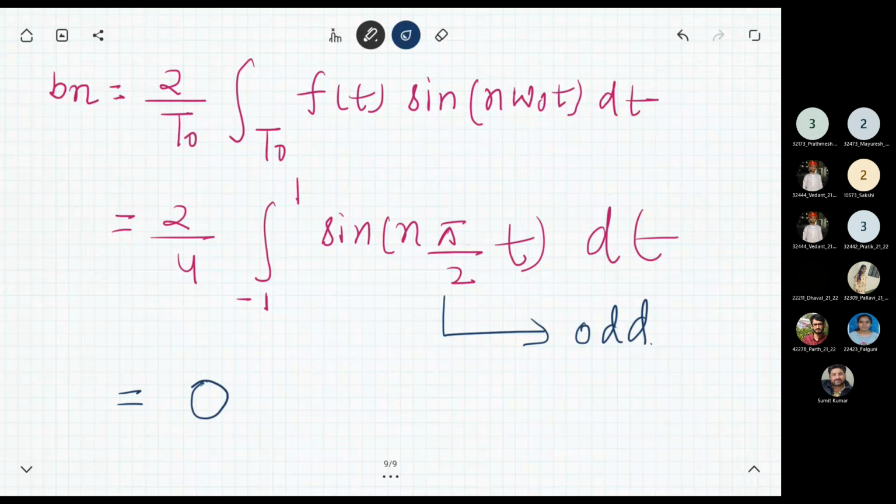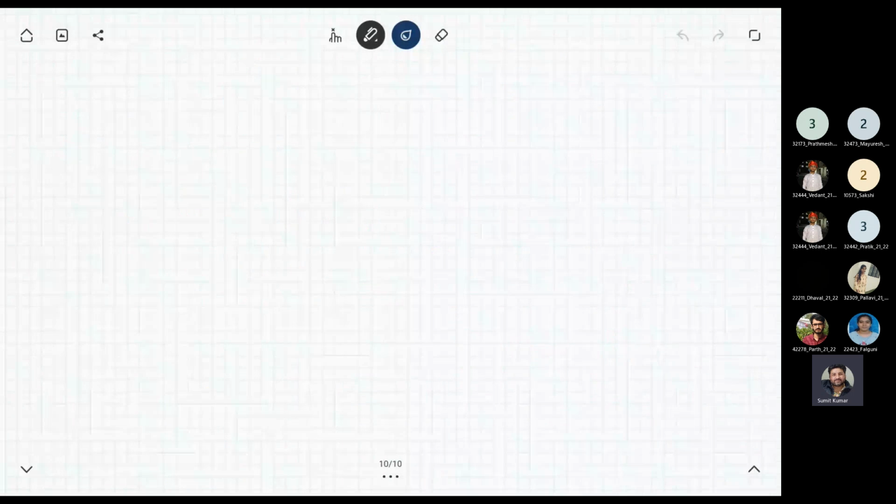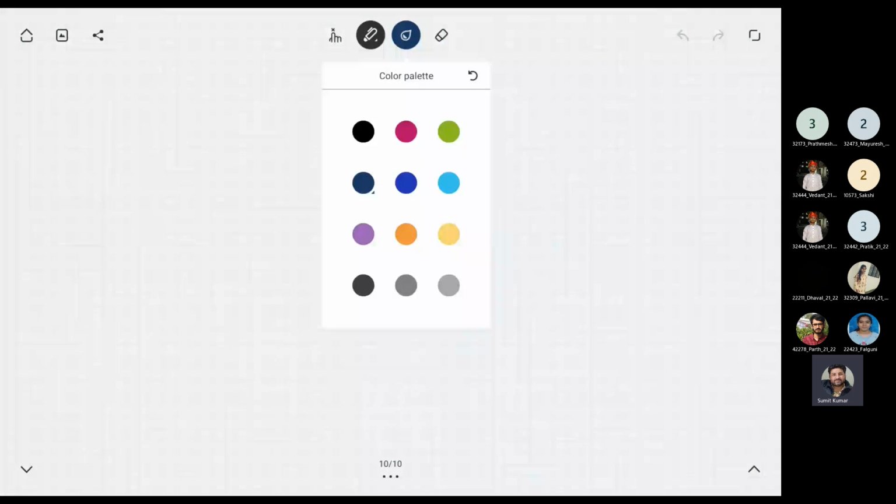Okay, right? You did not even need to do the calculation. We know what happens with an odd function over symmetric limits, it is 0, right? Yes, sir. So this is how using these properties you can actually save your time. And right now the next topic that we are going to cover is properties of Fourier series.